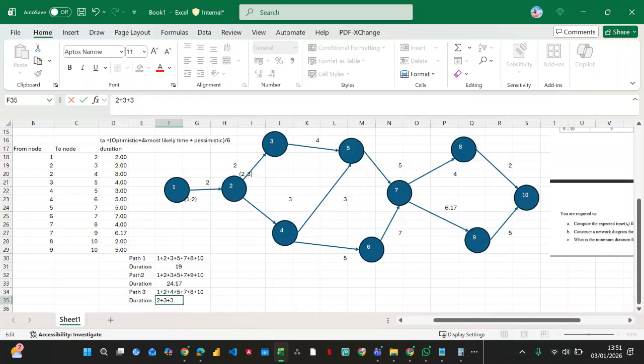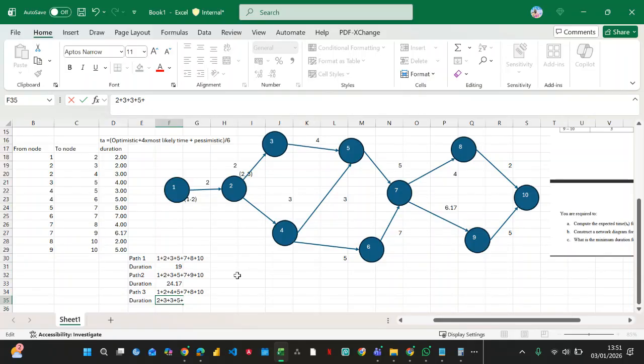It's not. 1 to 2, it's 3 for now. 4 to 5. Yes, 4 to 5 is 3. That is correct. 4 to 5 is plus 3. 3 plus 3 plus 3. Yes, 2 plus 3, 3 is 3, correct.